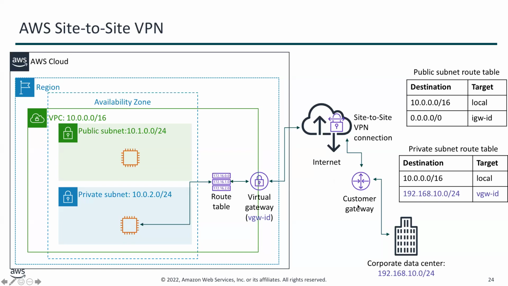There is something called a customer gateway, again an AWS resource. Now, why do we use this? Let's say Welltech has an office, and we need a direct connection through the internet to AWS resources.